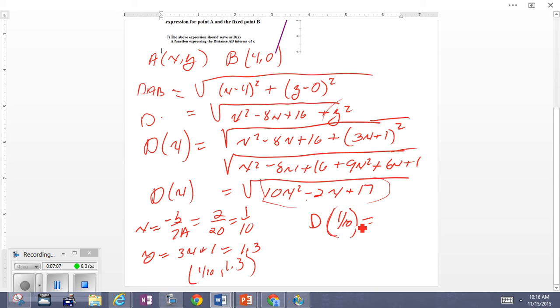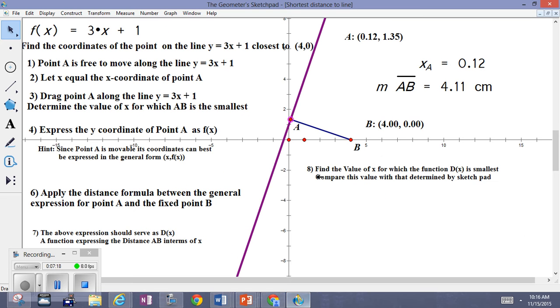You just take that 1/10, which came from negative b over 2a, and plug it back in. When we go back, I'm going to try to drive this right to that minimum distance. My resolution here isn't quite good enough, but there's my minimal distance, because there's my point, (0.1, 1.3), which we found.